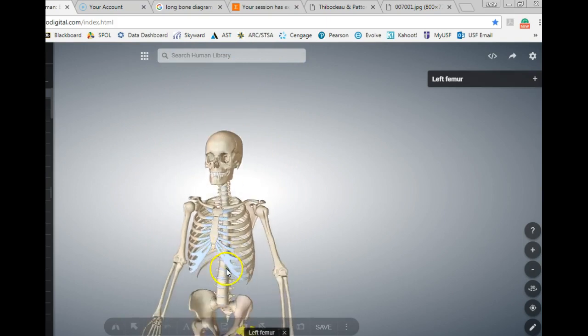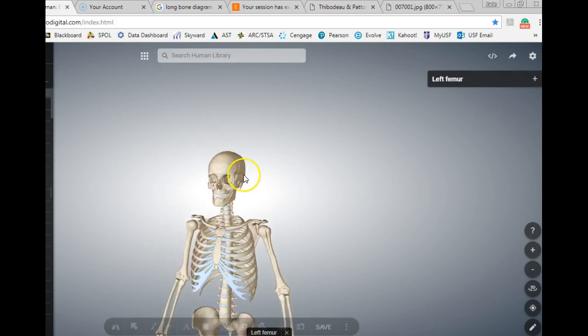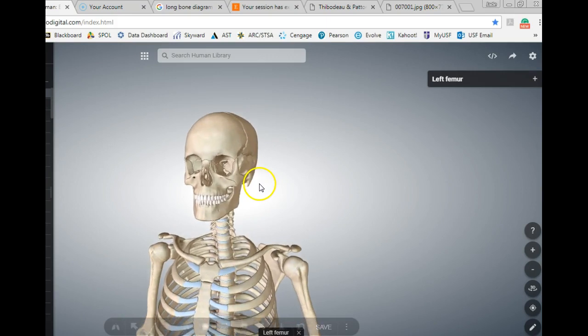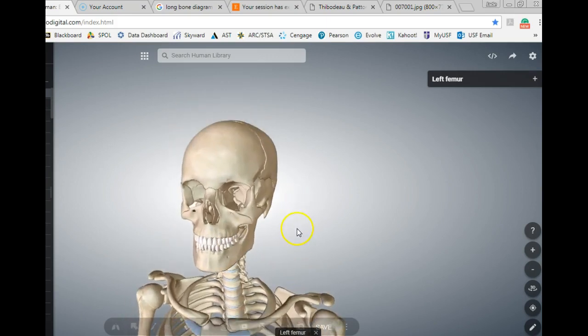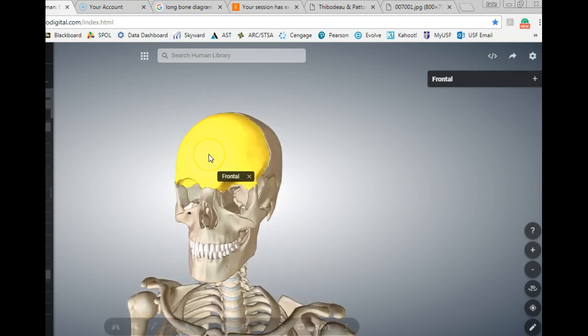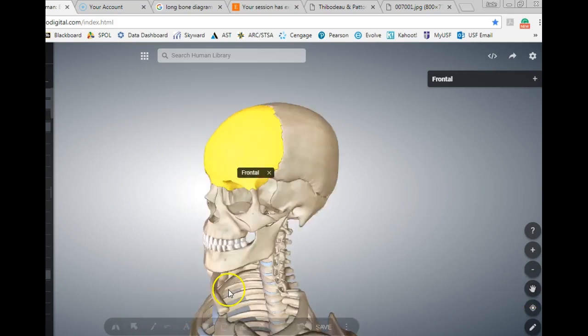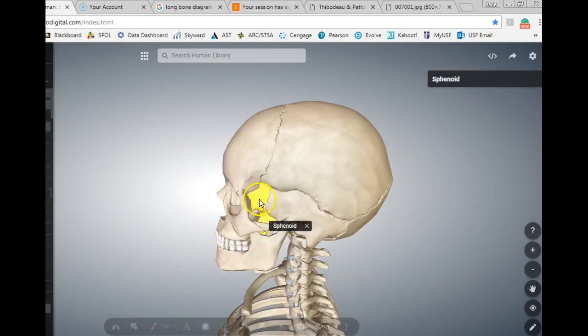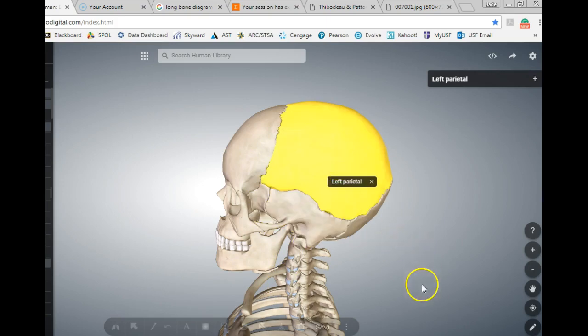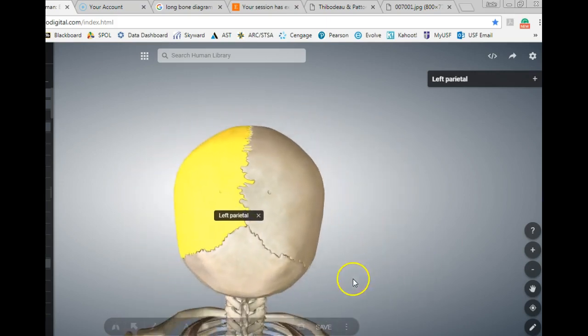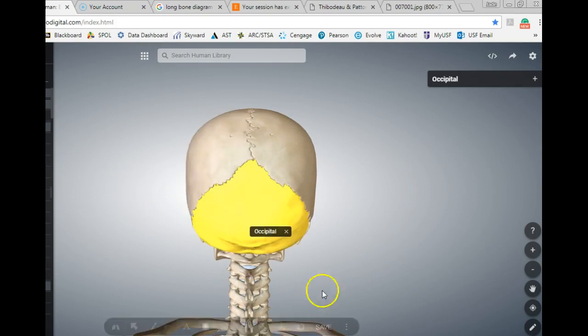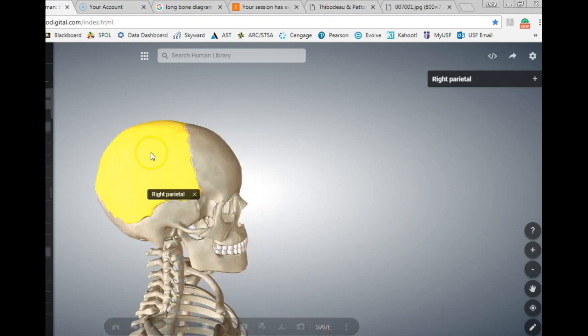So we'll start with the skull. Some of the bones that we'll see here. So we have the frontal, the sphenoid, which is kind of deep, you can see, the left temporal, the left parietal, the occipital, right parietal, right temporal, again that sphenoid.